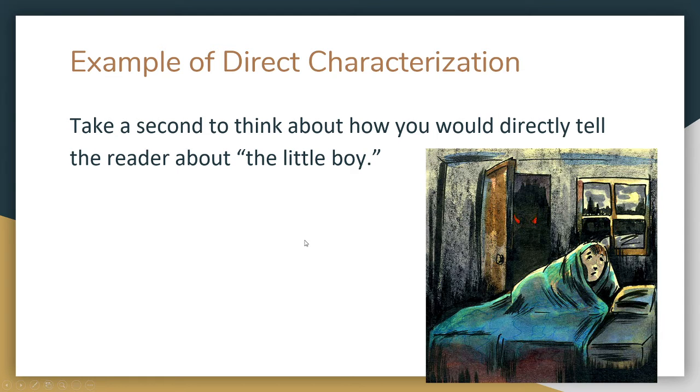So take a second to think, using direct characterization, coming right out and saying it, no fancy dancing around, just telling us what we decided on with this boy. How would you tell the reader that? Think about it for a second, pause, and then I'll show you how I would do it.